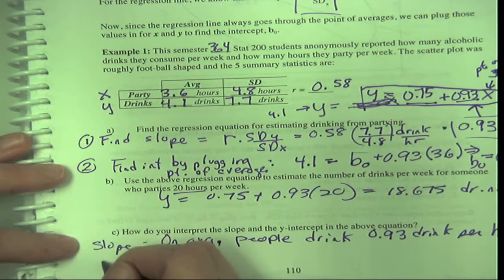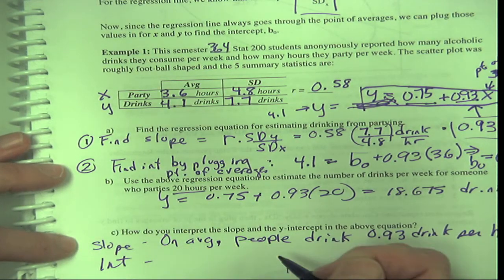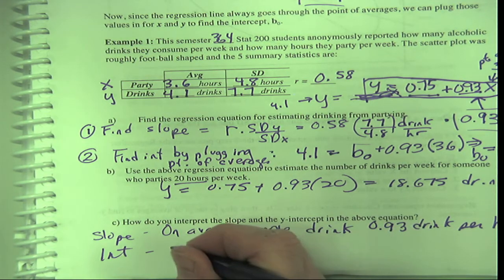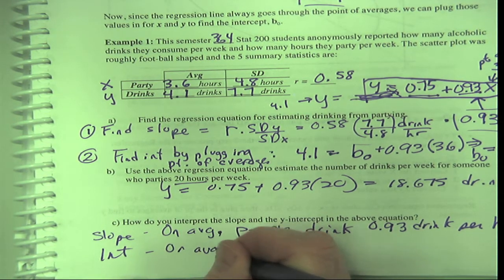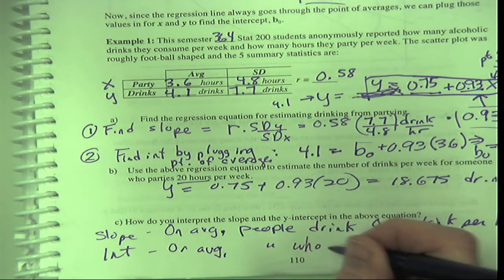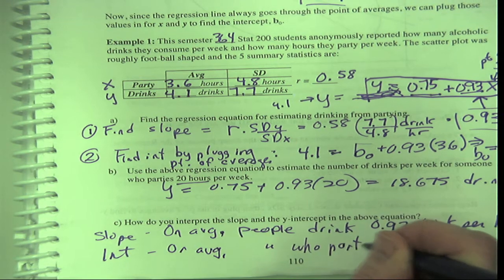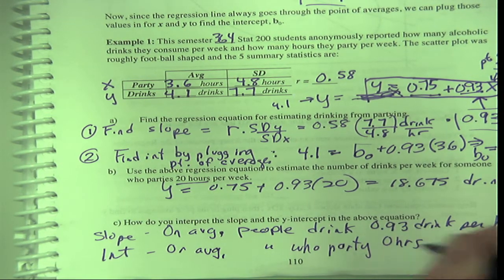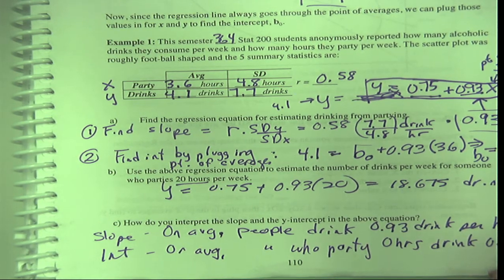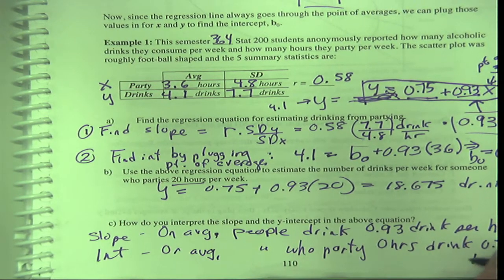All right, and what's the intercept? The y-intercept is, when x is 0, what's your y? So it means on average, people who party 0 hours drink 0.75 drinks.